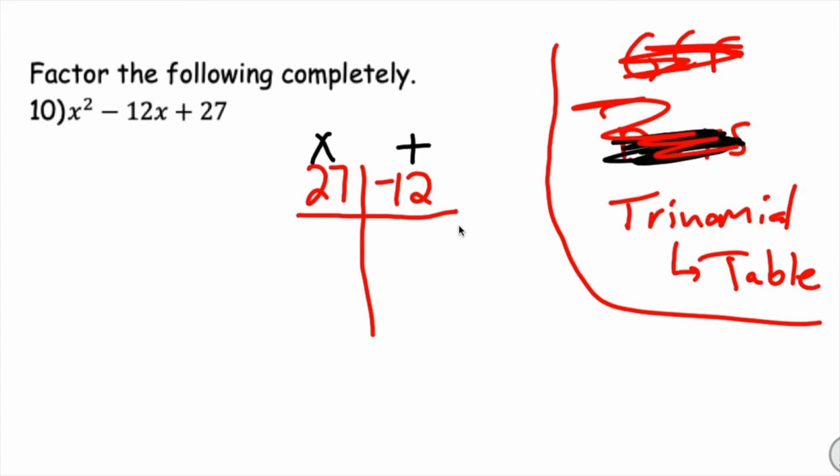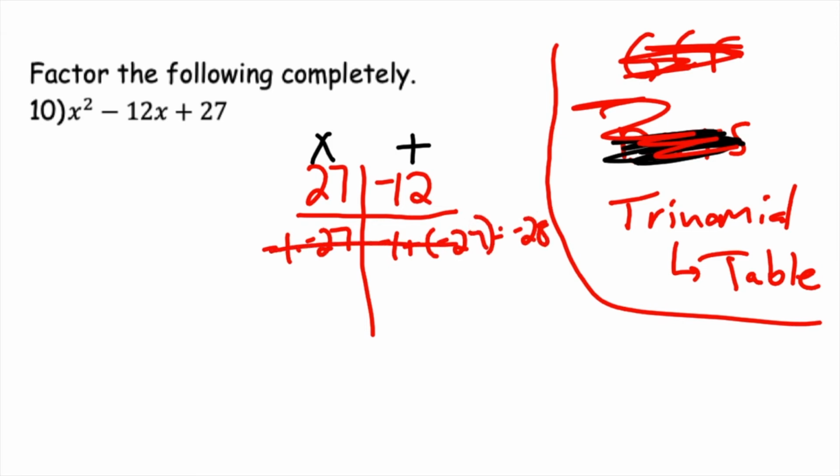Now, if we're multiplying to get a positive number, that means our signs have to match, either both positive or both negative. And the way that we know whether they're both positive or both negative is by looking at the middle sign. Since that's a negative, we know we're going to make these all negative. So you could do negative 1 times negative 27, but if we add those together, we are not going to get negative 12, we're going to get negative 28.